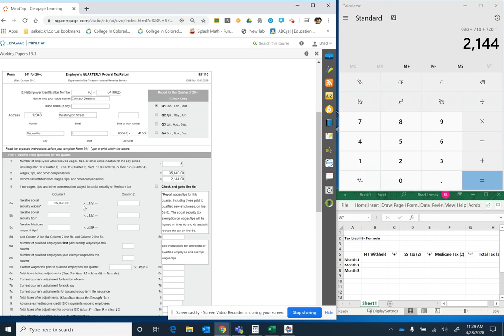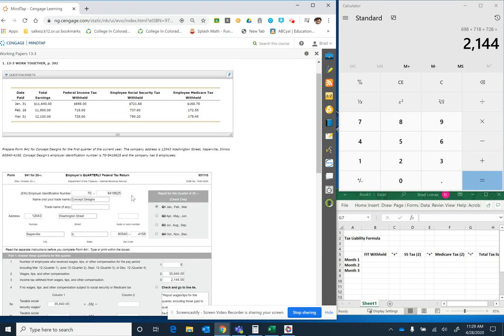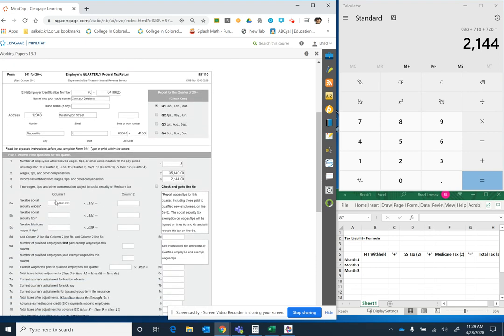And here's that tax rate for the Social Security wages. We're going to multiply this amount times 0.124. So $35,640 times 0.124 equals $4,419.36. Okay.